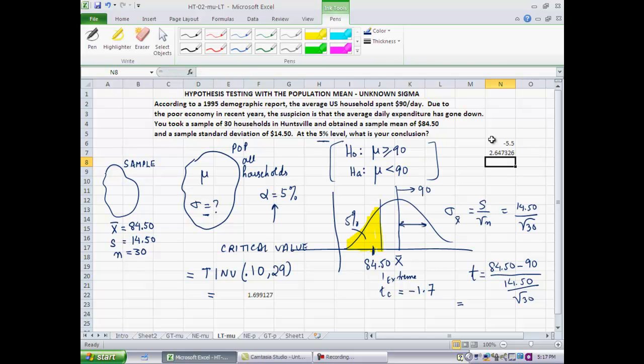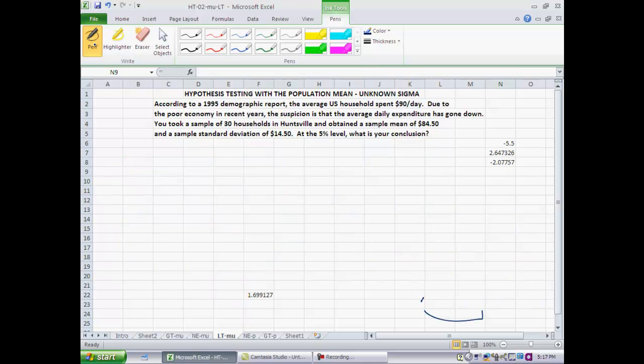Okay, so I divide one by the other, and I get a value of minus 2.07. Now notice when I compare these two.